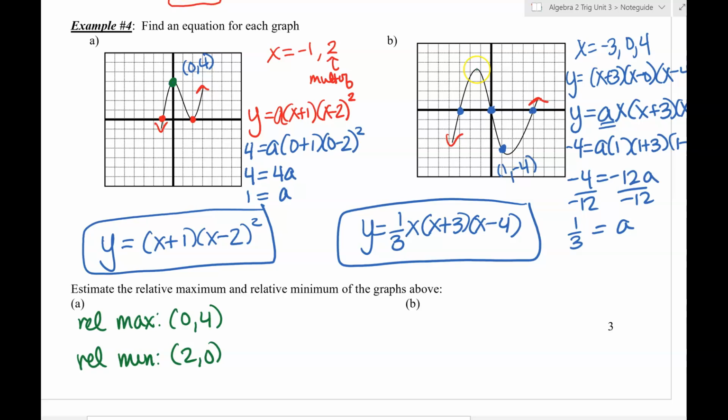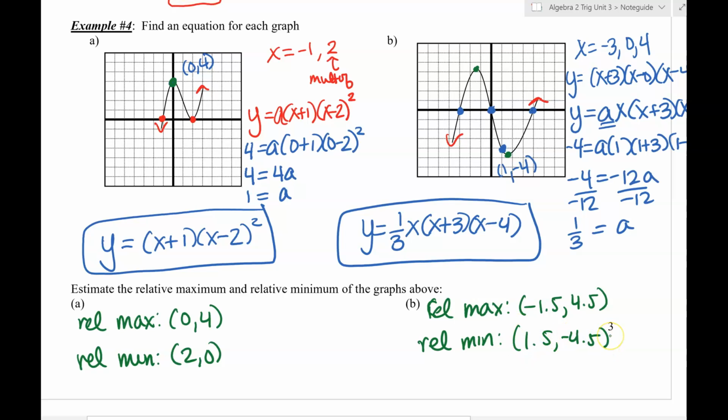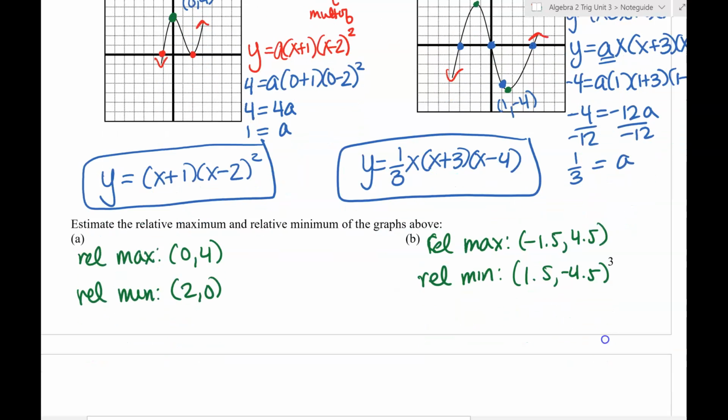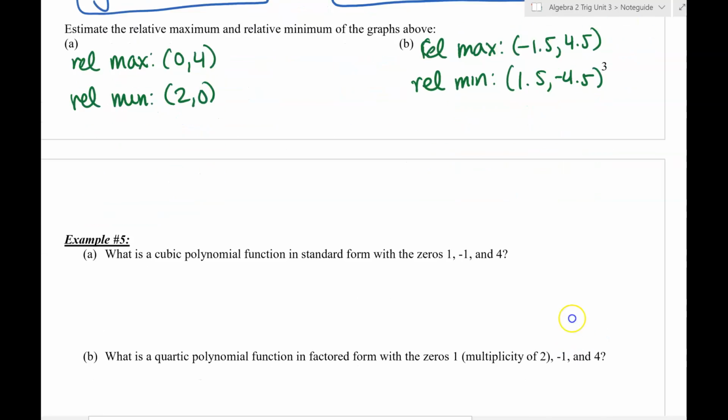In the other graph, the relative maximum looks like (-1.5, 4.5). And the relative minimum looks like (1.5, -4.5). And that would be it. We're going to use technology in some more difficult cases, your graphing calculator, to find those.